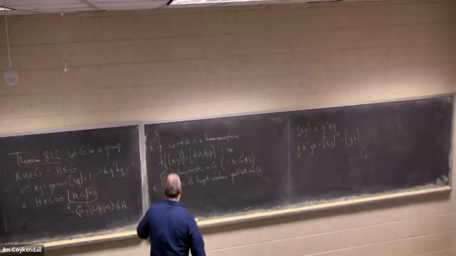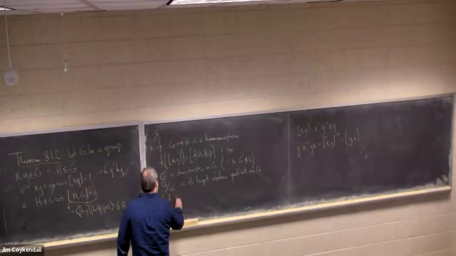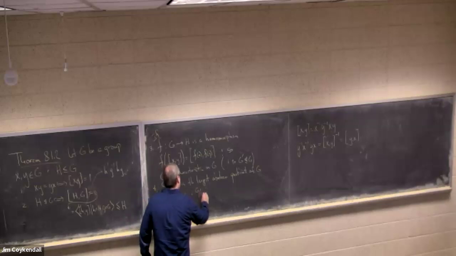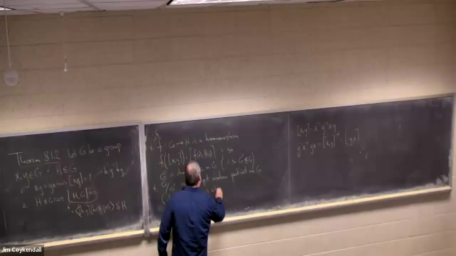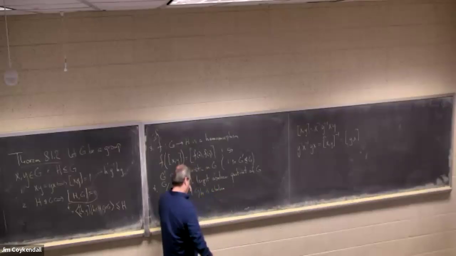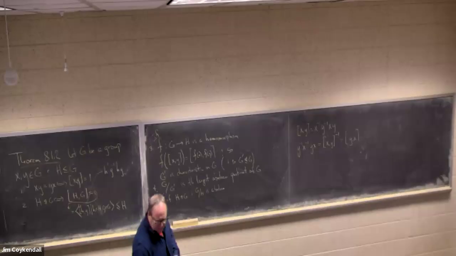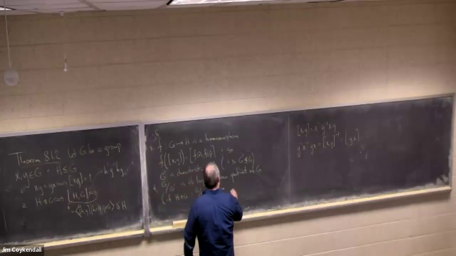That is, if H is normal in G and G mod H is abelian, then H must automatically contain the commutator.